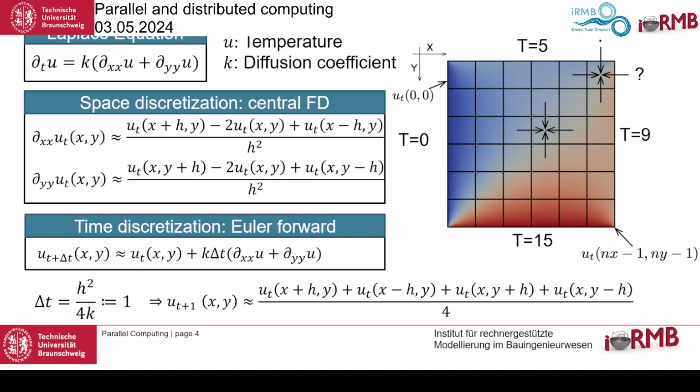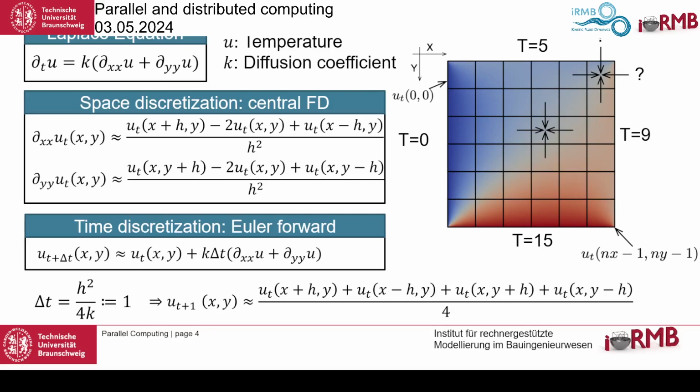And the derivative in school, you sometimes see it like this. You get the quantity on the left side of the point where you want to evaluate and on the right side, and then there is the distance between the two where you divide by, so you get a differential quotient.